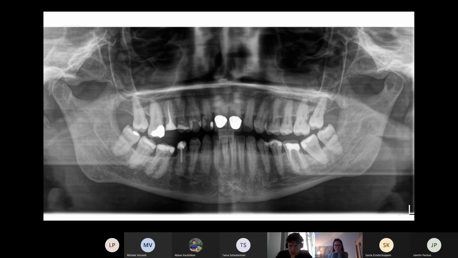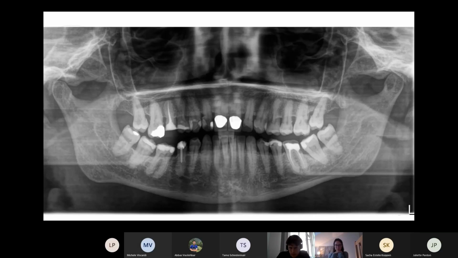Same on number 6, you can see how number 7 is leaning against number 6 and probably causing some trouble there, maybe some food impaction and plaque accumulation, and that's why there's a caries developing. Then in the third quadrant, we see a composite MOD filling on number 7.